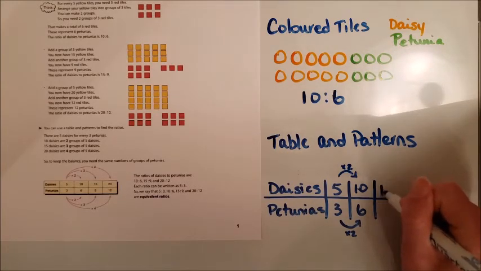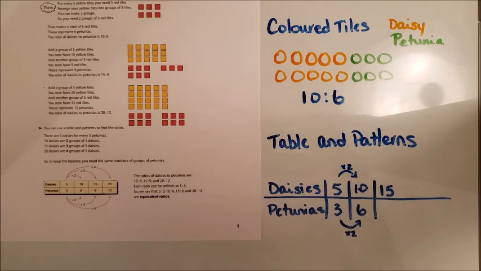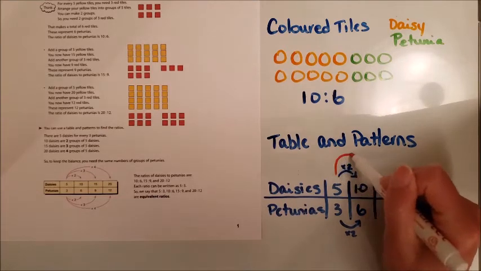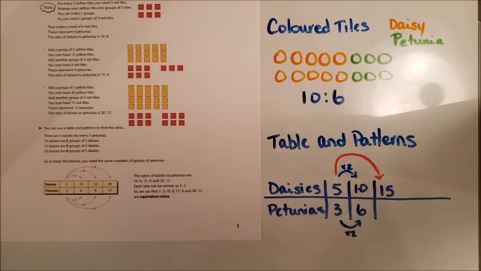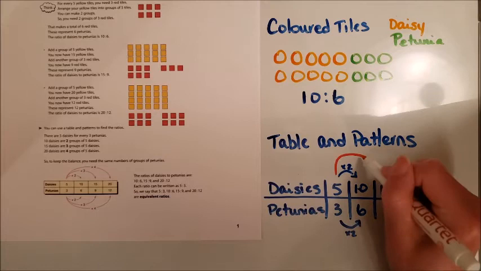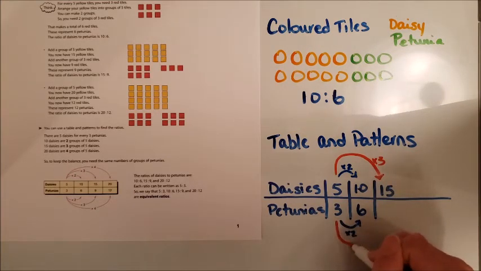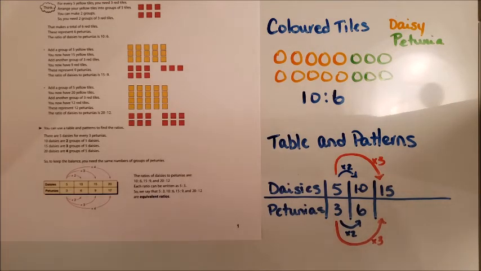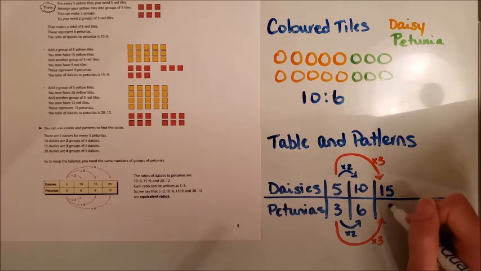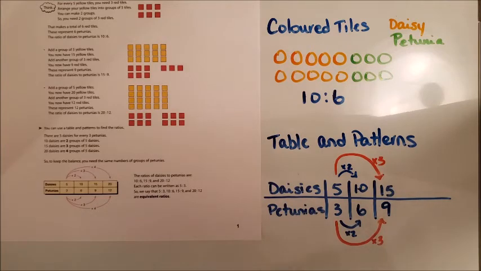So if I then want to have 15 daisies, I need to take a look at what's going on to get from the 5 to the 15. And to do that, I'm multiplying by 3. So to figure out how many petunias I'm going to have, I need to multiply that one by 3 as well. And so 3 times 3 is 9 petunias.